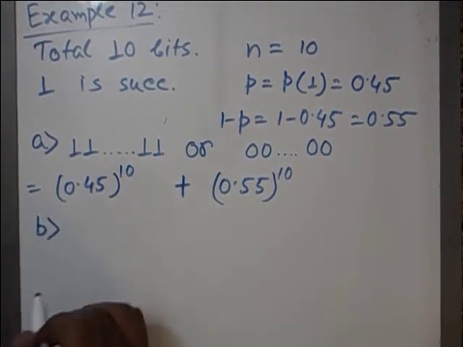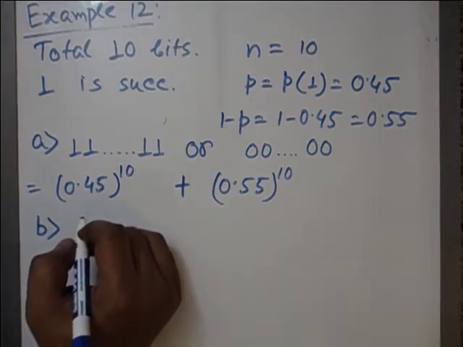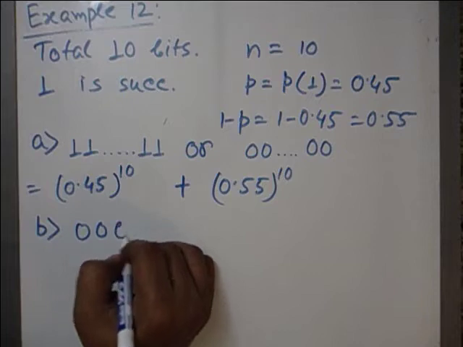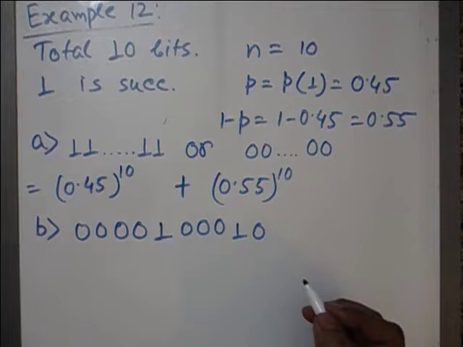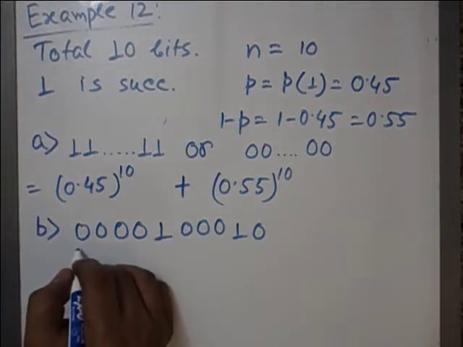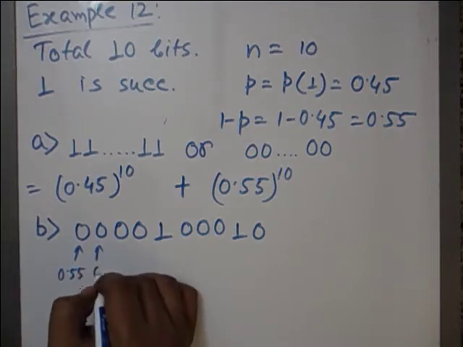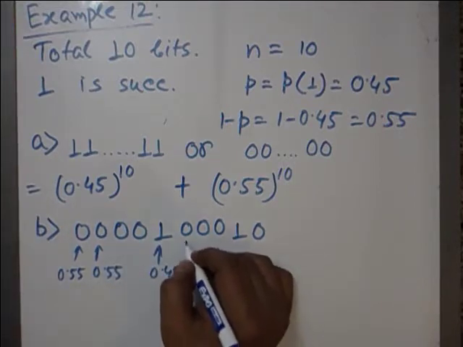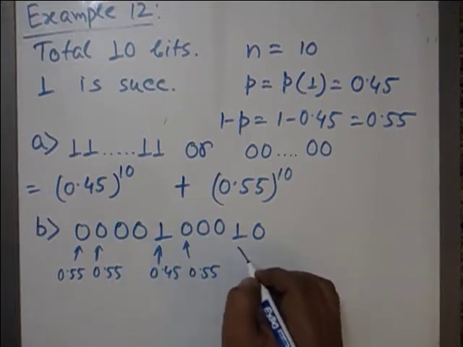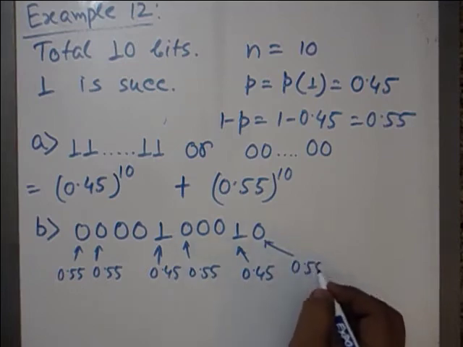Let's do B. B is 0 0 0 0 1 0 0 0 1 0. All these bits are independent. So the first is 0, which is 0.55, this is 0.55, this one is 0.45, this one is again 0.55, this is 0.45, 0.55.